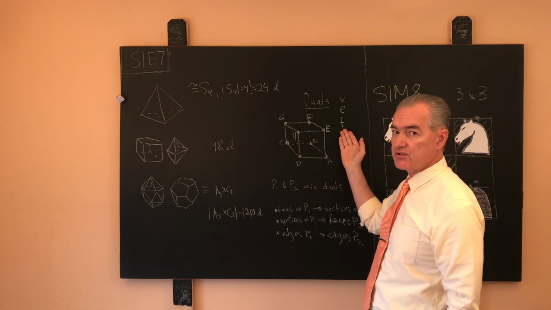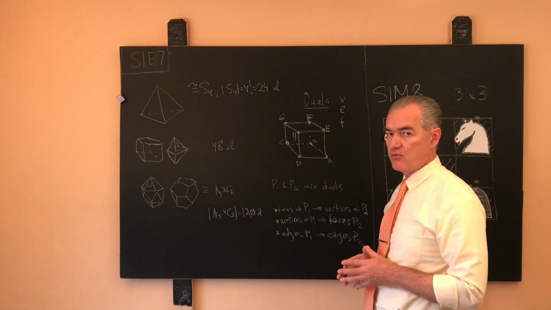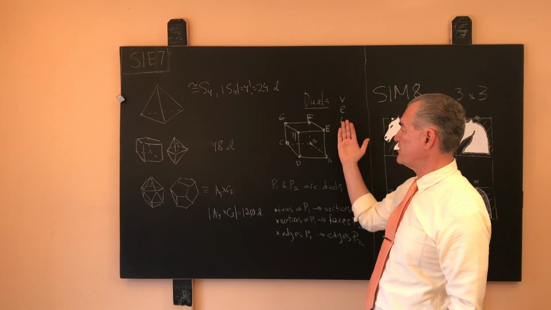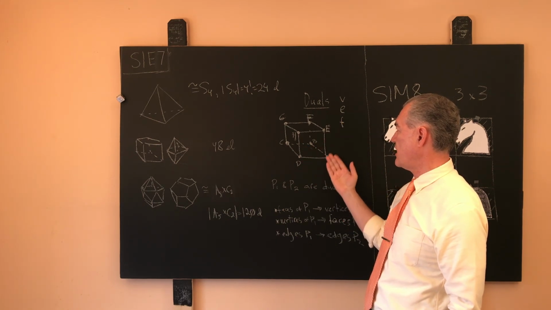And F stands for a face of a polyhedron, such as the frontal face AEHD.